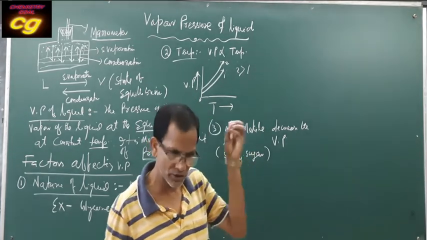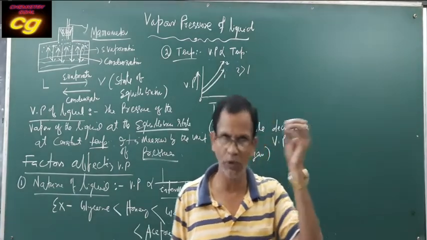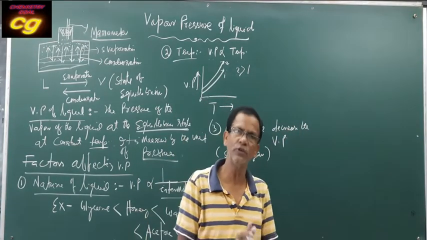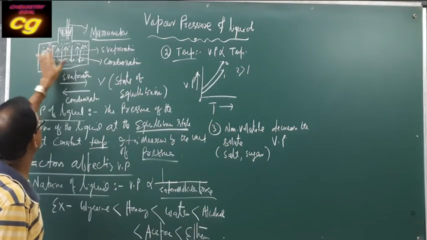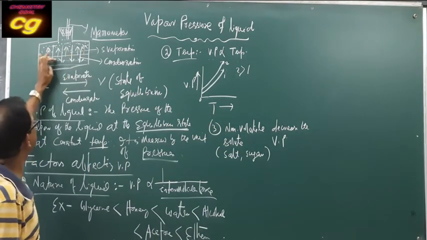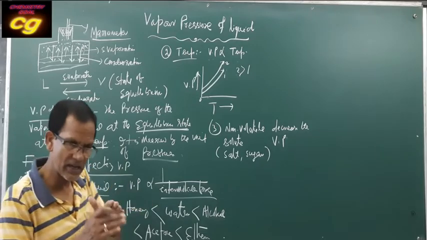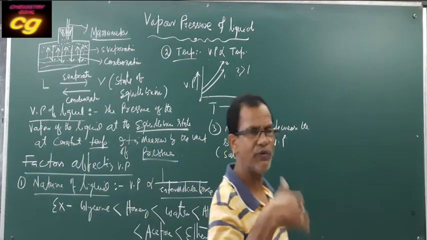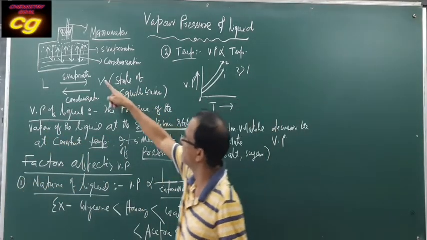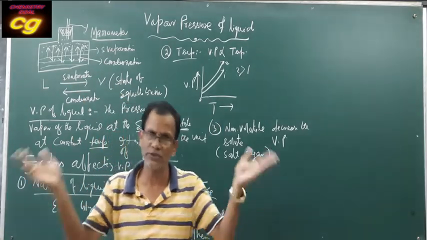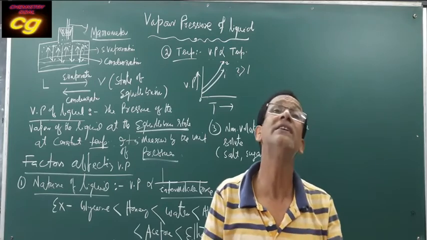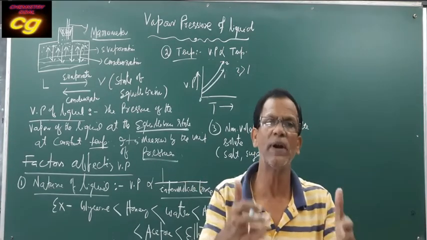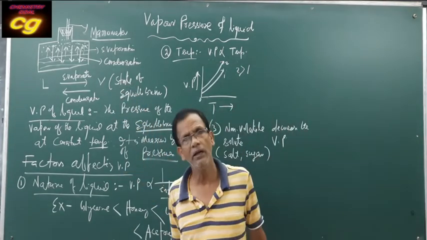Because when you add a non-volatile solute, it takes some space on the surface of the liquid. When it takes some area on the liquid, the average kinetic energy of the liquid decreases, because the space is occupied by non-volatile components.